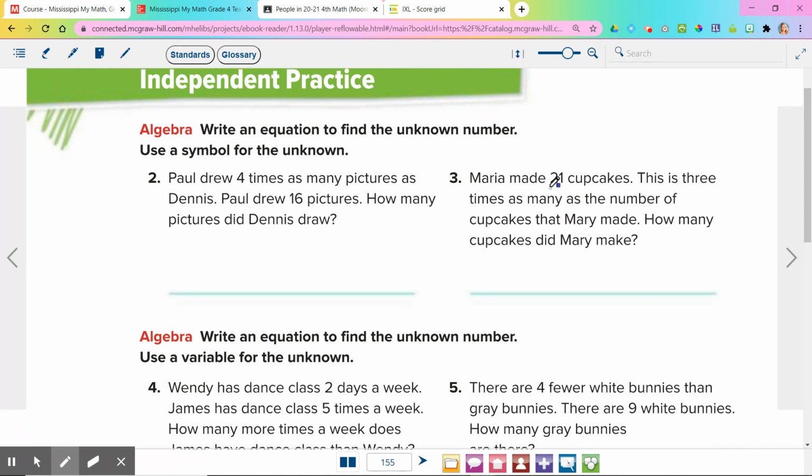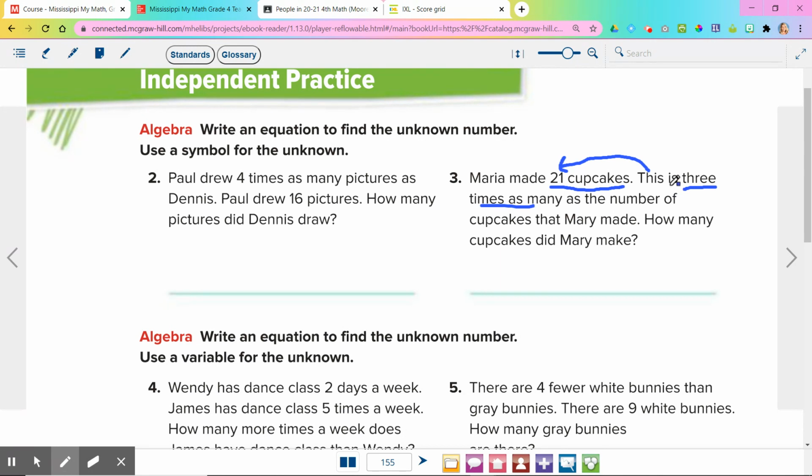So Maria made 21 cupcakes. This is 3 times as many cupcakes as the number of cupcakes that Mary made. How many cupcakes did Mary make? So if Maria made 21 cupcakes, it says this is 3 times as many as the number of cupcakes that Mary made. So we can see that Maria made more.